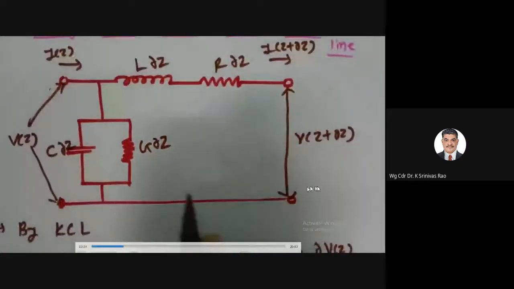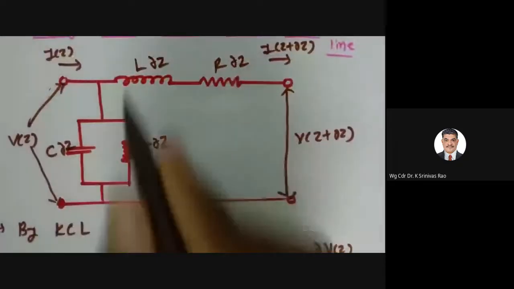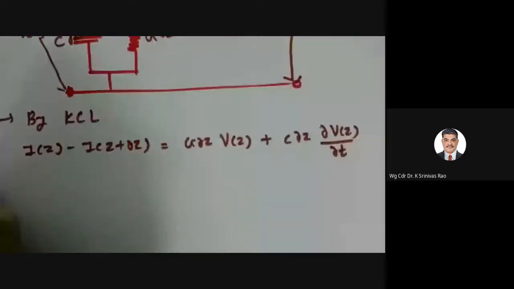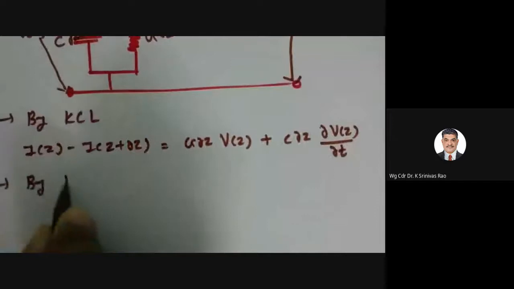Now, to calculate the voltage drop across the small element R and L, we apply Kirchhoff's voltage law, that is KVL.